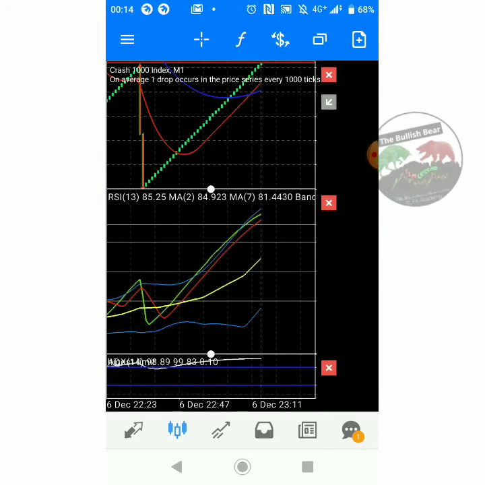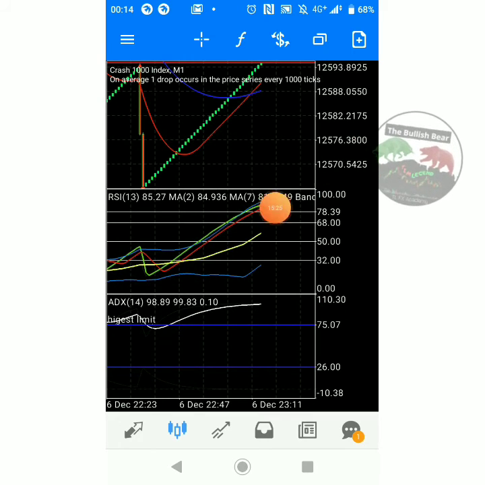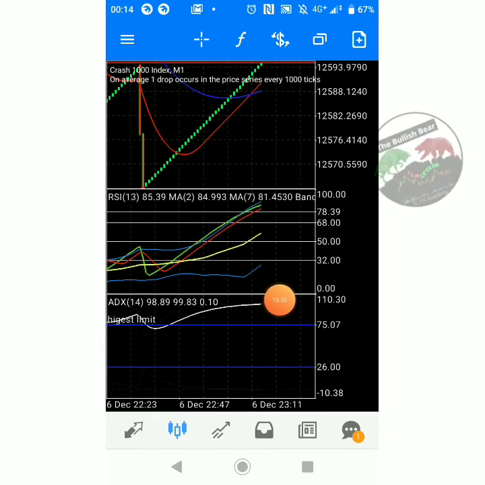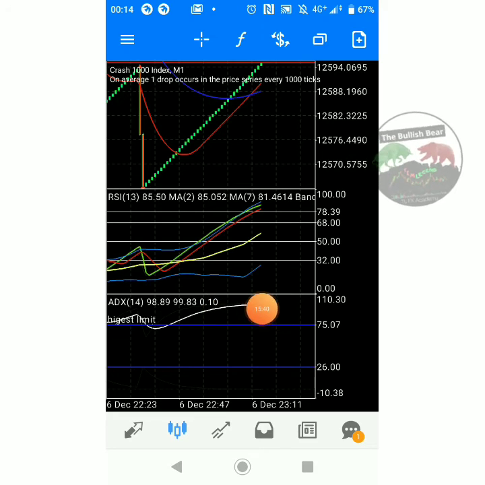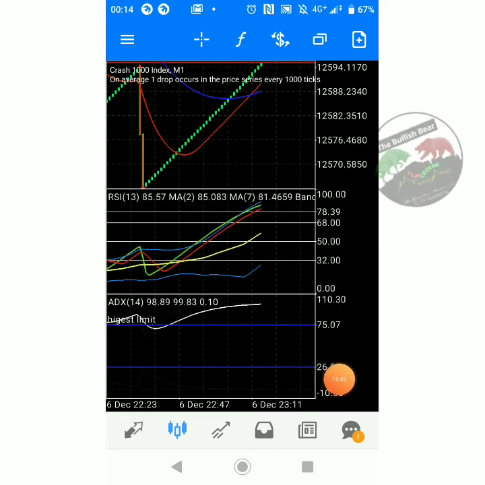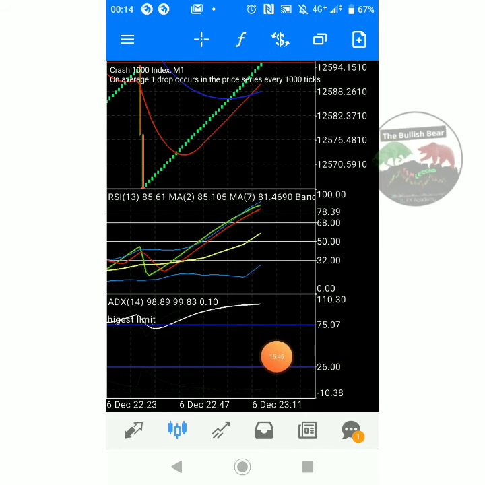Okay, one more time before I go, this is our average directional movement. Our average directional movement lets us know when the market is on a trend, either an uptrend or a downtrend. If this white line goes below 26.00, it means the market is consolidating.